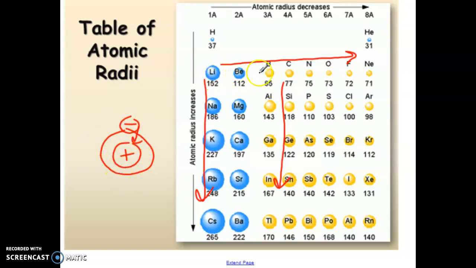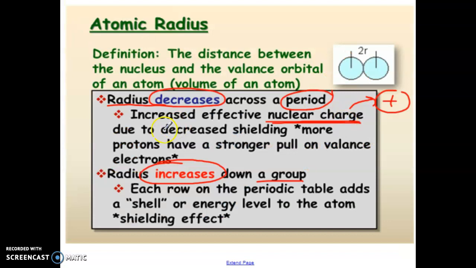So the atom essentially pulls tighter and tighter to those electrons because the nucleus is more and more positive, and we know opposites attract, right? So we have an increased effective nuclear charge, and the protons have a stronger pull on the electrons.